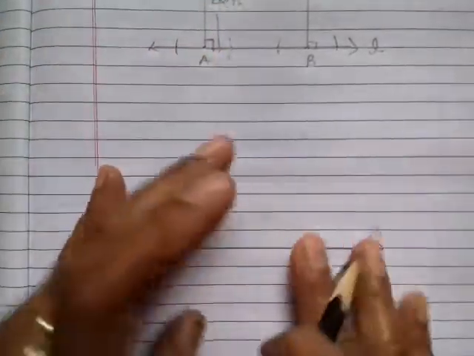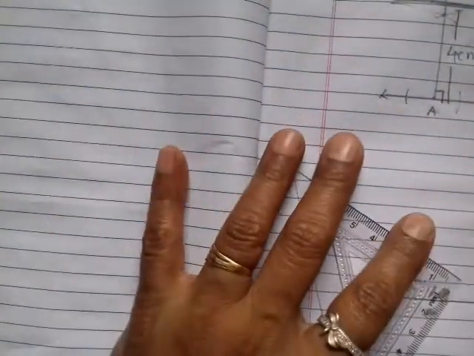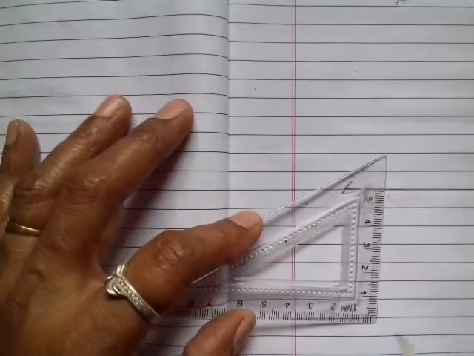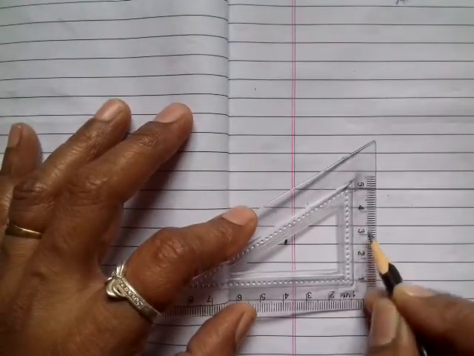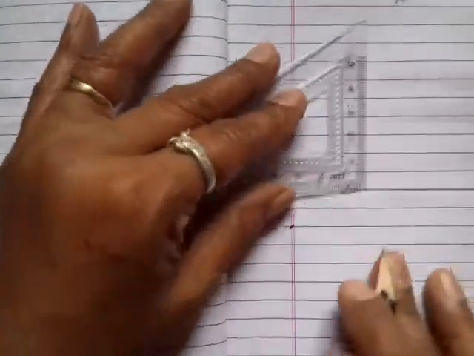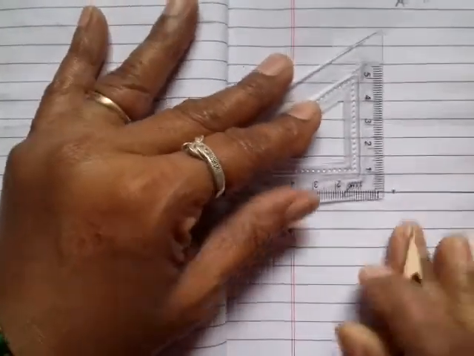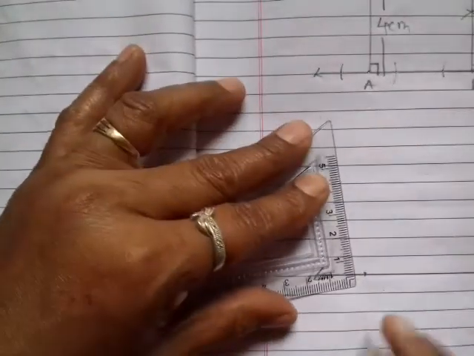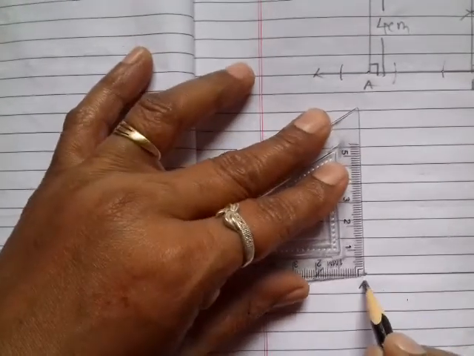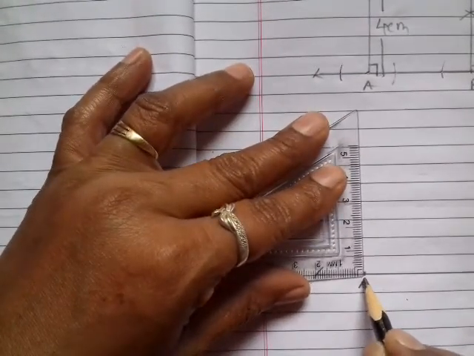I want 4 centimeter, and all set squares have a 90 degree angle. In the set square also there is a 4 centimeter marking. So suppose I take one point A, and from exactly here I start.